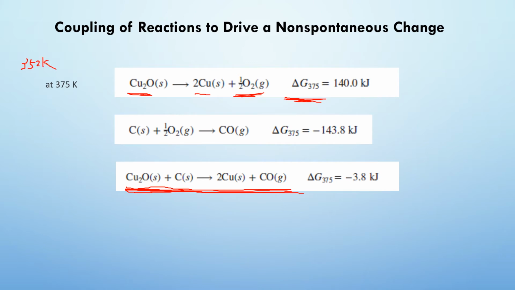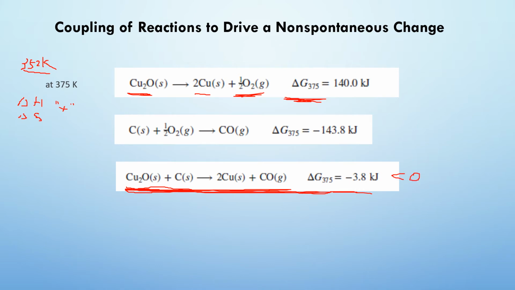So when the temperature is higher than this, and when delta H and delta S are both positive, higher temperature makes it more spontaneous. So at 375, greater than this temperature, this reaction will become spontaneous. You see this delta G is less than 0.